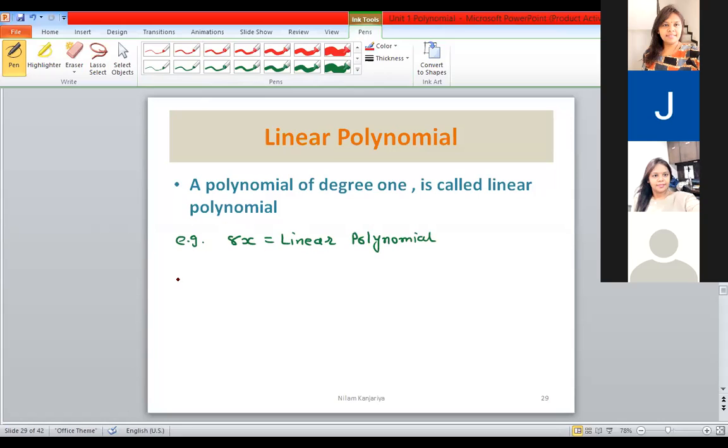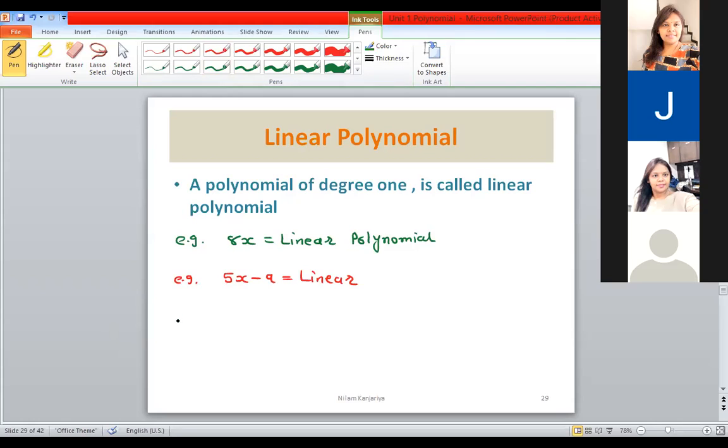Anyone else? Can anyone give another example? I will give you 5x minus 9. Look at this polynomial whose degree is 1. It's known as a linear polynomial.